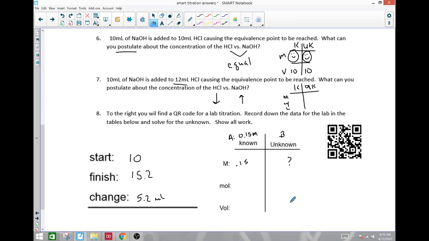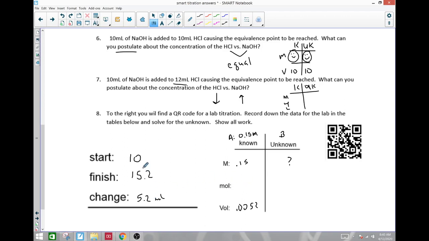All right. So this guy here is going to be 5.2 milliliters. So this is 0.0052, and then I'm going to solve for my moles. All right.